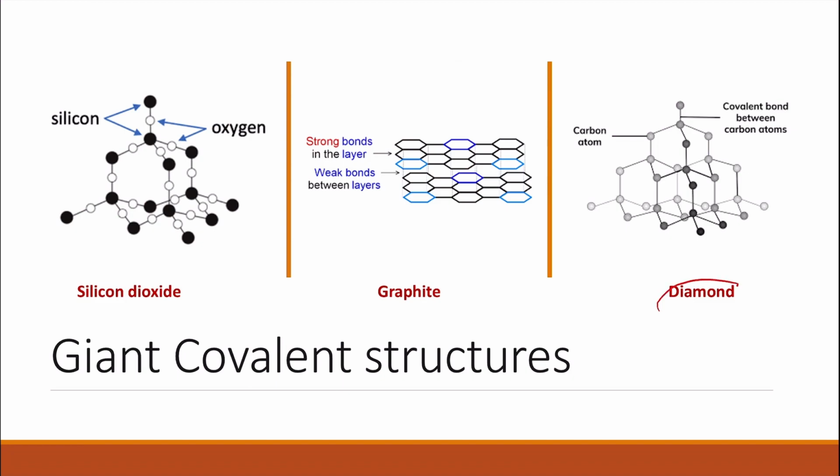Some of these examples can be seen here. So we have diamond. Diamond is one of the giant structures which has only carbon atoms. Each carbon atom is bonded with four other carbon atoms, so each one has four covalent bonds, as you can see here. We cannot draw all the atoms, otherwise the structure will be very big, but each carbon atom is bonded with four other carbon atoms.